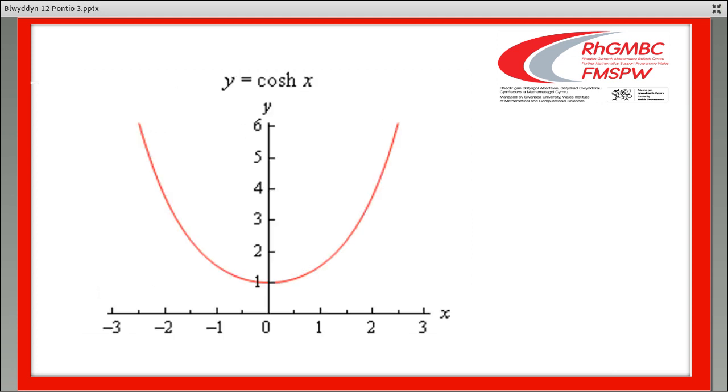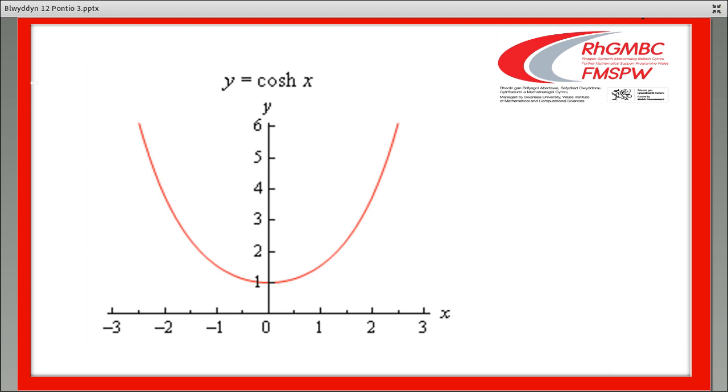Now the next one, which is cosh x, is a very, very interesting curve indeed. And a lot of people say, well, no, it can't be an interesting curve, it's just mathematics. That shape there, as you can see, goes through the point 1. It's not quite U-shaped.